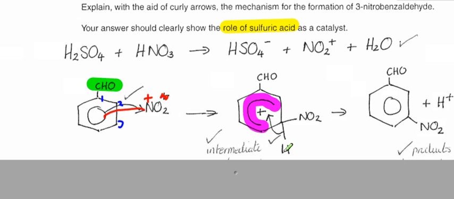Here remember, you show the H, so you've got this intermediate which has both got a bond to the NO2 and a bond to the H.